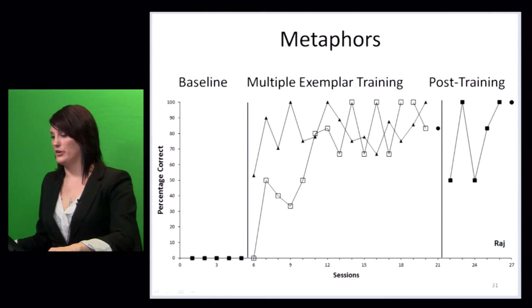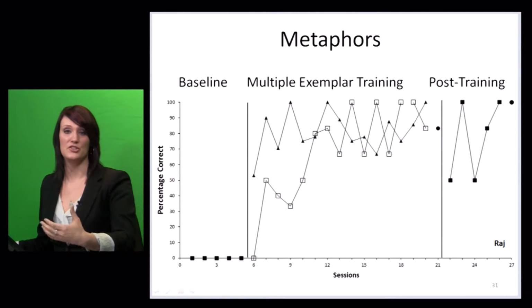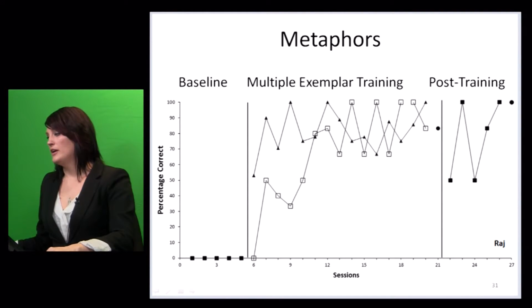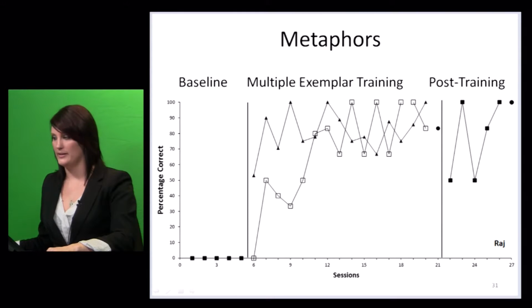Then we initiated post-training. As you can see here, this is an example of where the data may be a little messier than typical data you would see in, let's say, Java. Here, responding was above 50% across all exemplars, which was a remarkable increase from baseline, but it's not perfect.